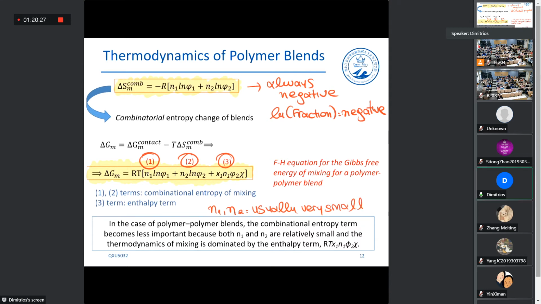the thermodynamics of mixing are dominated by the enthalpy, as we said in the beginning of the class. So the Gibbs free energy of mixing is mostly affected by the enthalpic term because N1 and N2 usually are very small in polymer-polymer mixtures. I want you to remember this equation.